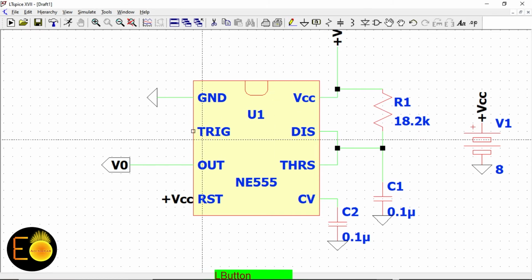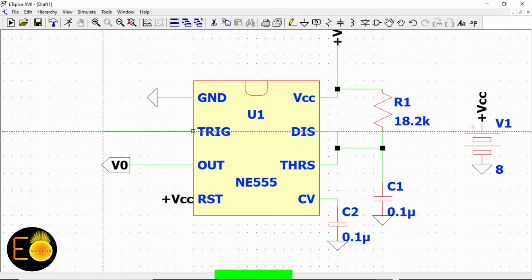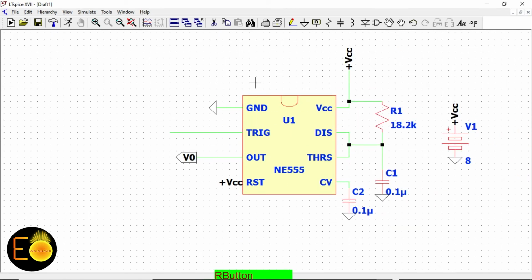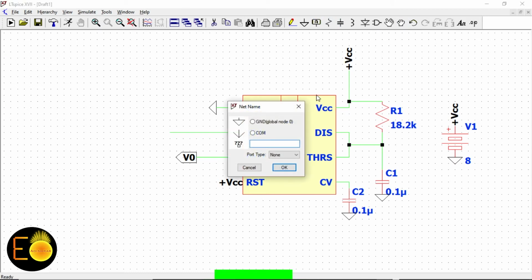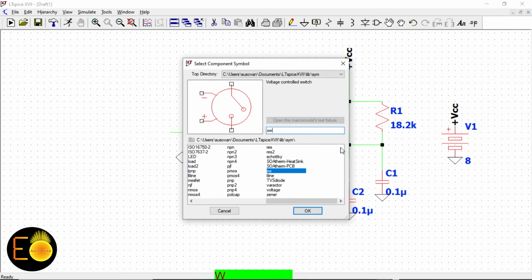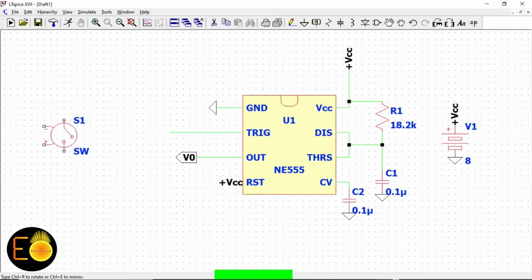Now I need to give this trigger. For this trigger, I need to find the switches. Not here. It's W. These switches. I need two switches because for this re-triggering, one switch will connect it with the VCC and another will connect it with the ground.